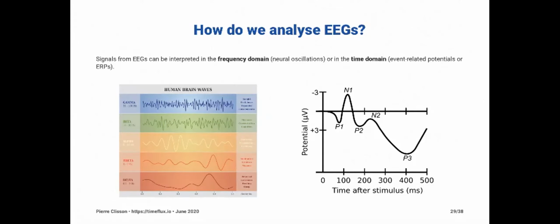Okay, so let's see how we can do it. When do you actually use the time domain? We use the time domain, for instance, when we do ERP research, when we do the P300 speller. You remember the demo earlier when the letters were flashing on the screen? It's when the letter I'm focusing on is flashing. 300 milliseconds later, there is the spike, and this is the spike you see on the right.